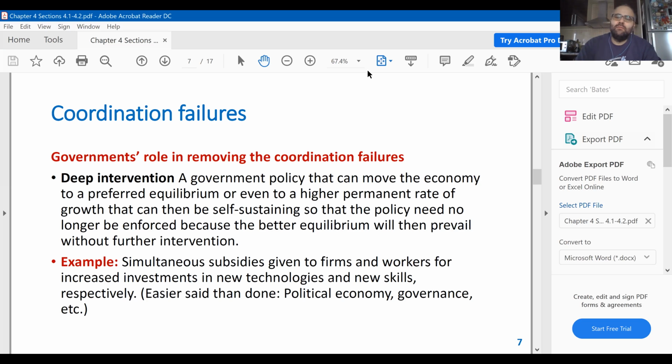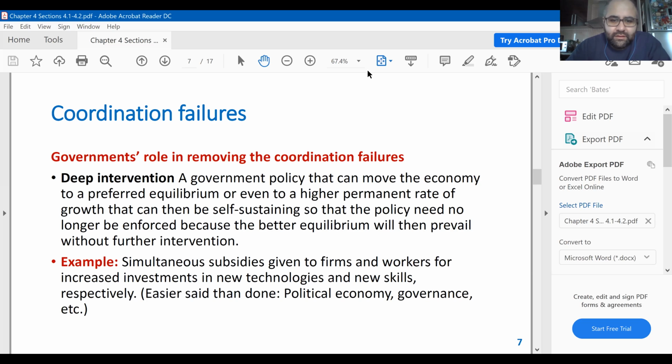Okay, so basically, you want to create a policy shift that creates better incentives to move the economy to the better outcome, all right, to coordinate the actions of people and firms and whatever these agents, so that the better equilibrium is self-sustaining and people's decisions are coordinated towards that equilibrium.